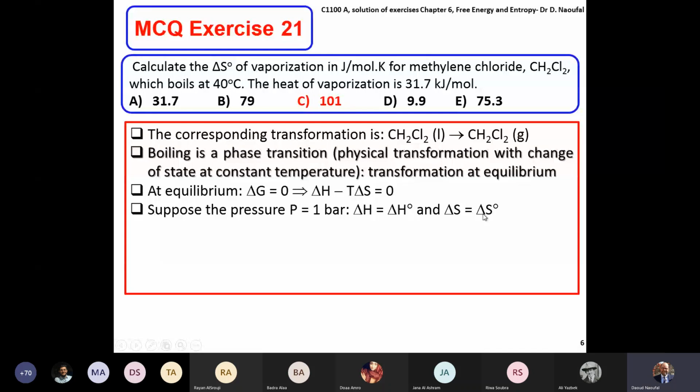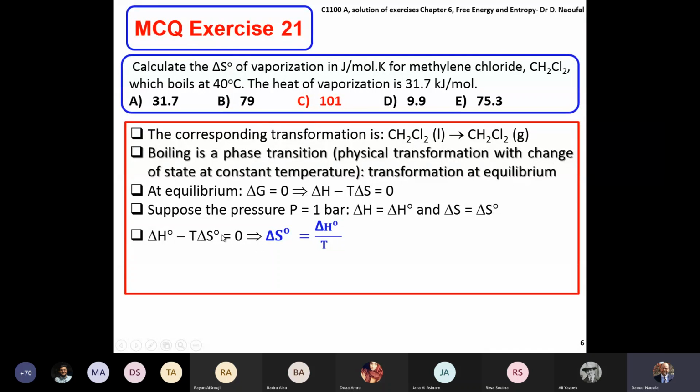So the relation delta G equals delta H minus T delta S becomes, pay attention, we have to conserve delta G, and instead of delta H we put delta H0, instead of delta S we put delta S0. So delta G equals delta H0 minus T delta S0 equals 0.